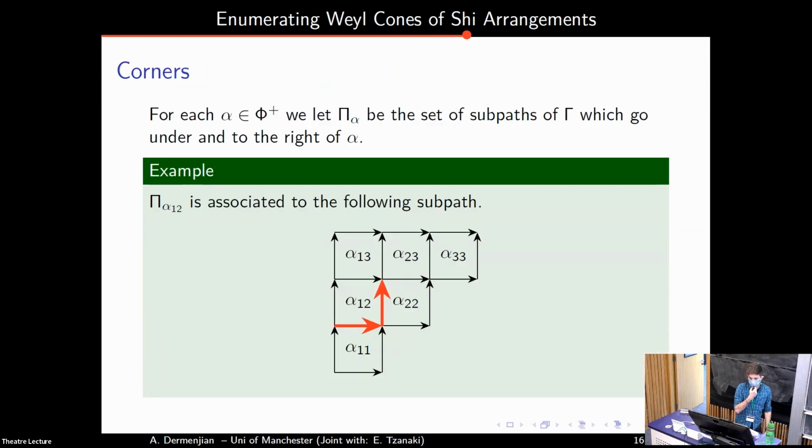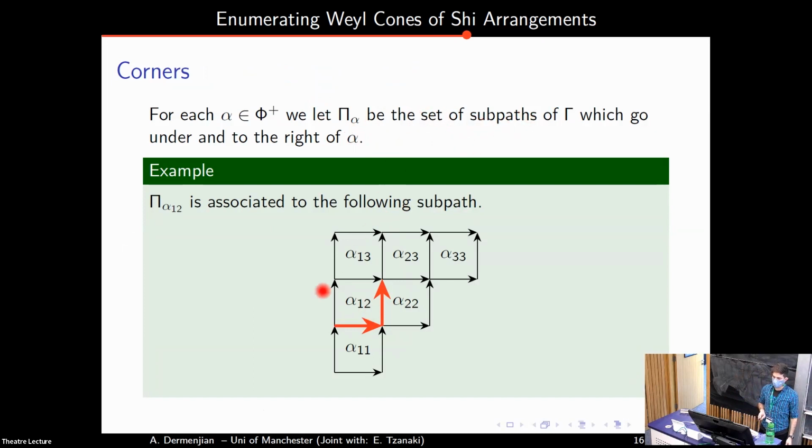And so what we'll do is for every root, we'll associate a corner. So remember how I was saying we can look at these corners for the paths. So for any alpha, we just let pi of alpha be the set of subpaths that go under and to the right of alpha.